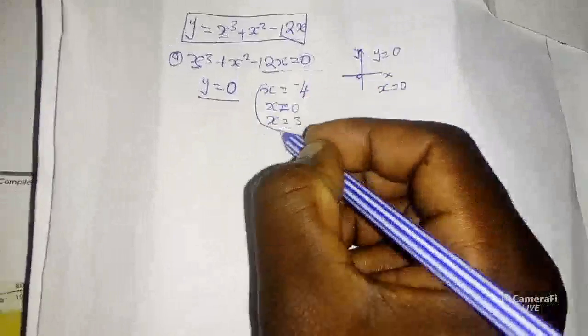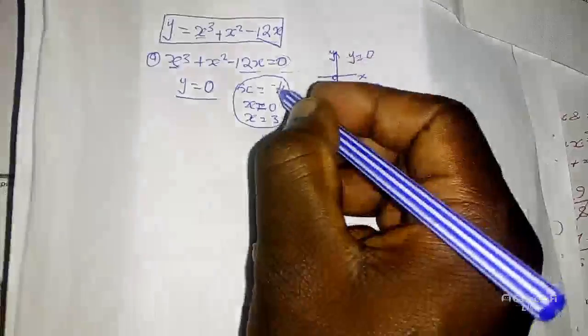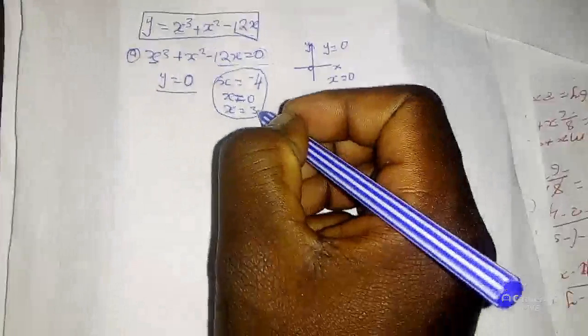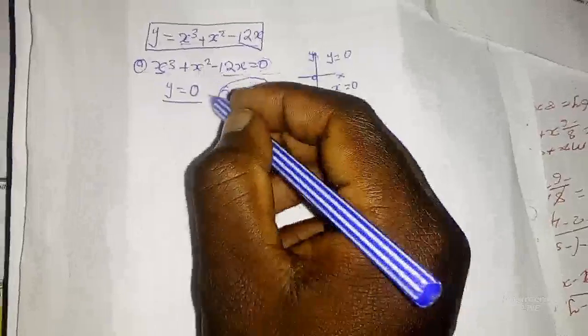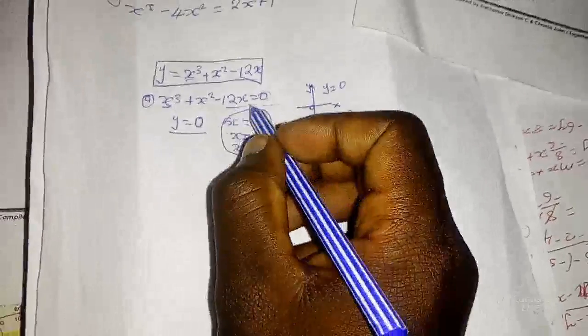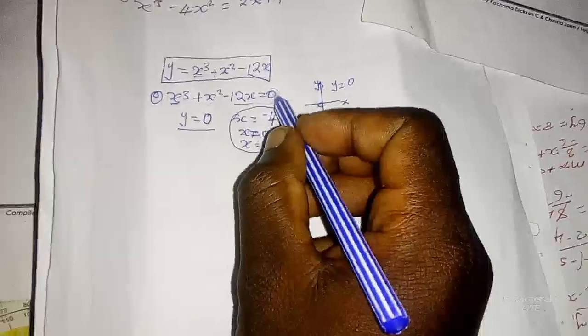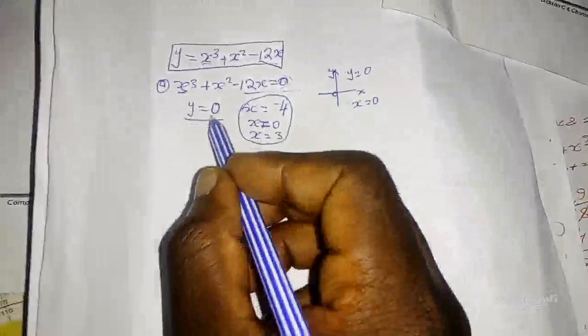So these points -4, 0, 3 were answered by knowing this solution. What I was saying is that this value here has replaced y, so you say y is equal to 0.